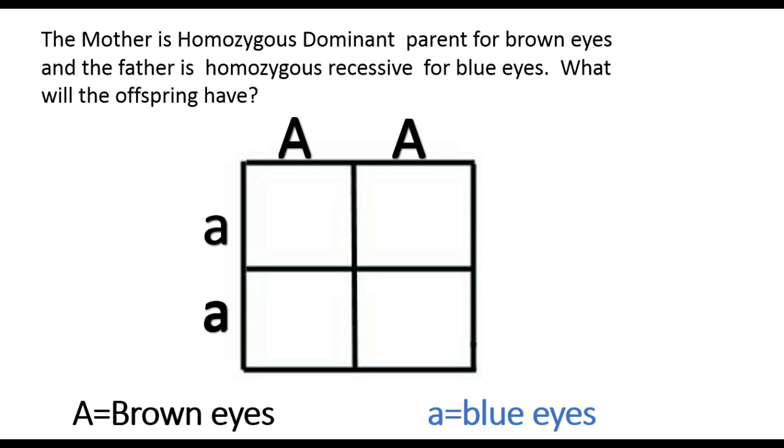Now that we've placed our genes in the correct order, we're going to place them in the box. So we're going to bring down the top one, the uppercase A moves down, the lowercase a moves over.